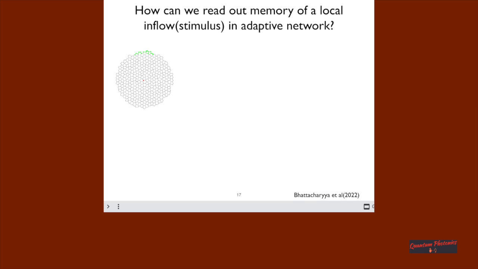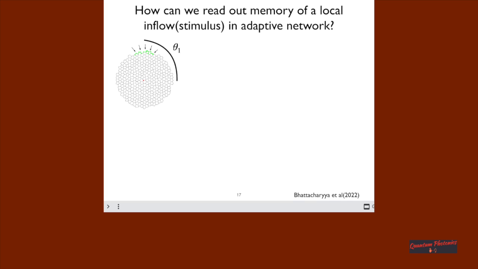So I start again from an initial network which has no particular polarity to it, so it's filled with tubes with random conductances. And I apply a local influx or a stimulus to this network at an angle θ1, shown by the first build of the slide, as you can see shown by the arrows towards the green dot.